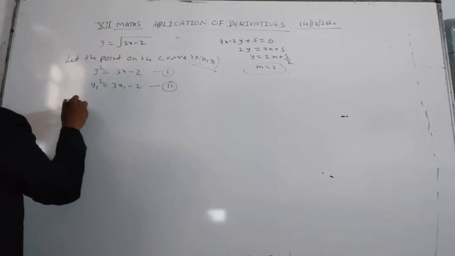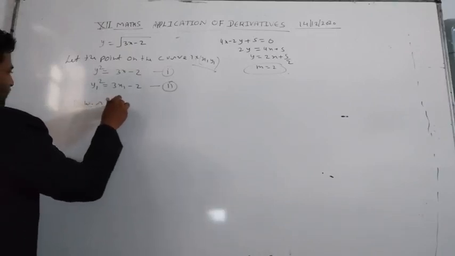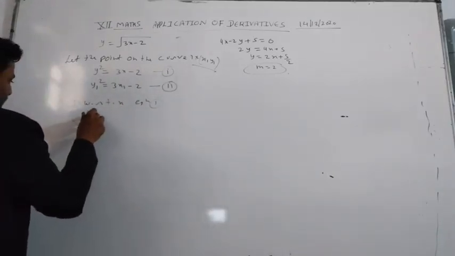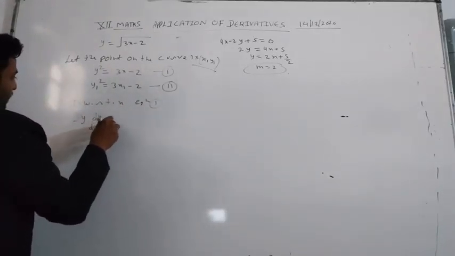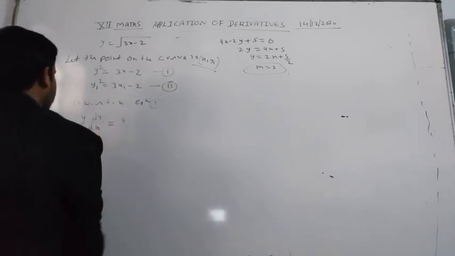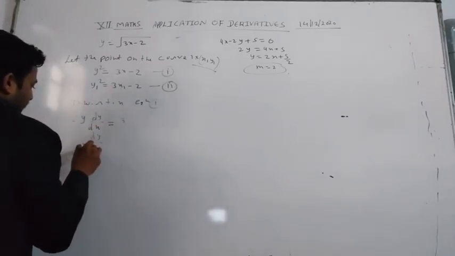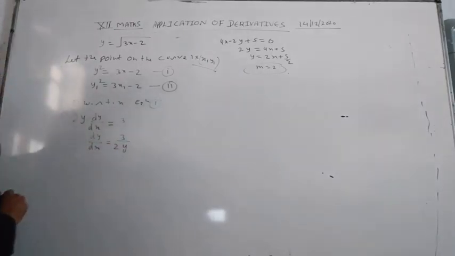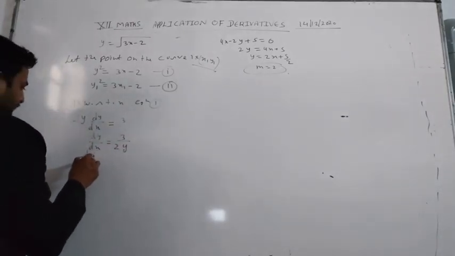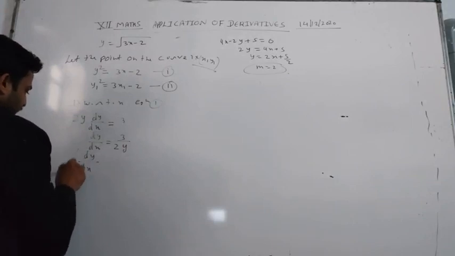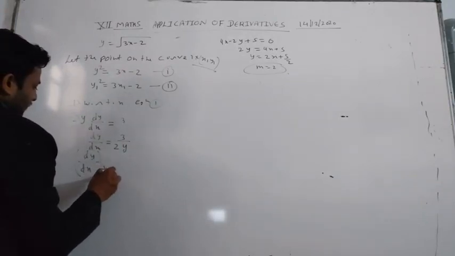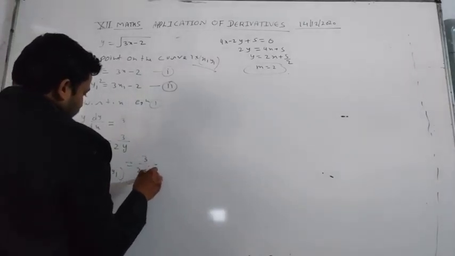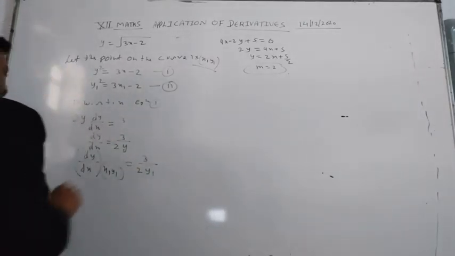Now differentiating equation 1 with respect to x, we get 2y dy by dx is 3. Okay, so dy by dx is 3 by 2y at the point x1 y1, which is 3 by 2 y1.